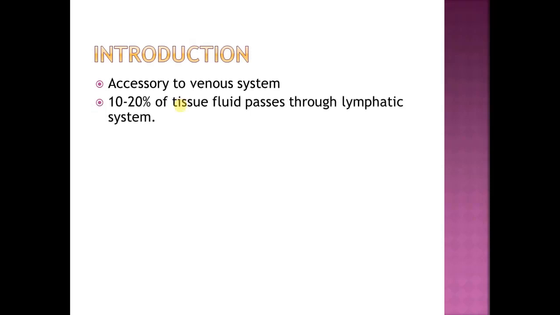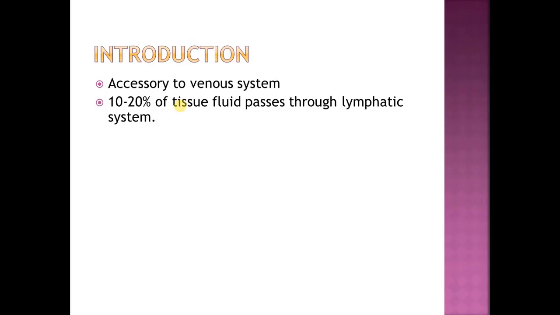So 10 to 20% of the tissue fluid actually passes through the lymphatic system. Whatever tissue fluid we see at the arterial end of the capillaries, the same 100% does not reach the venous end of the capillaries.